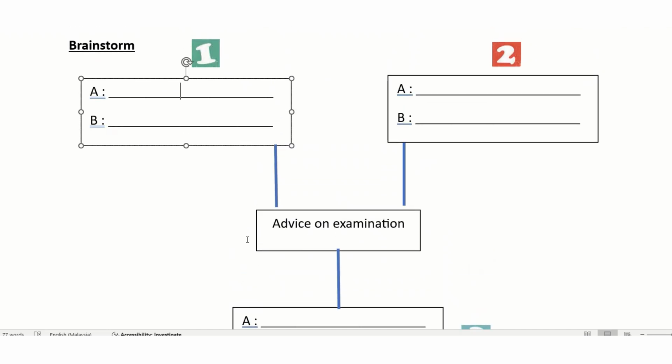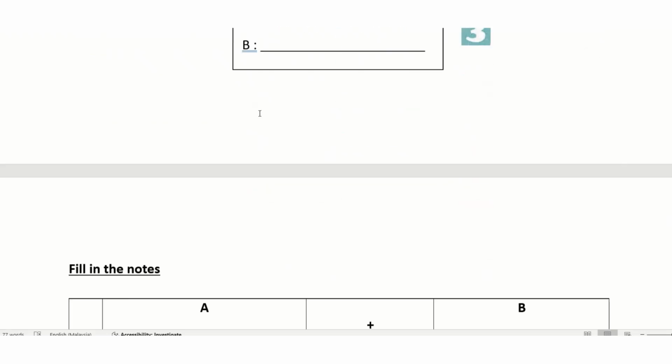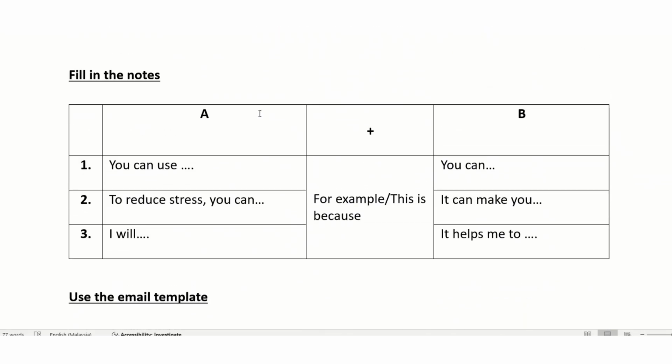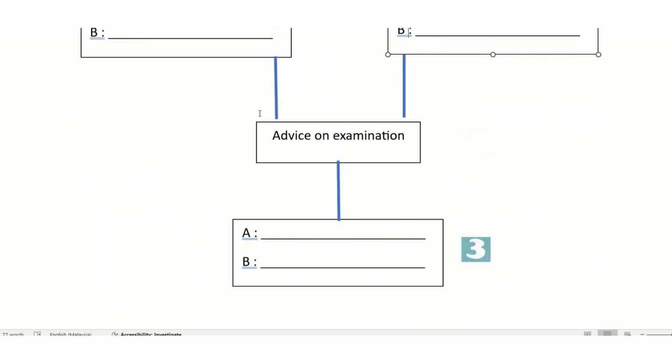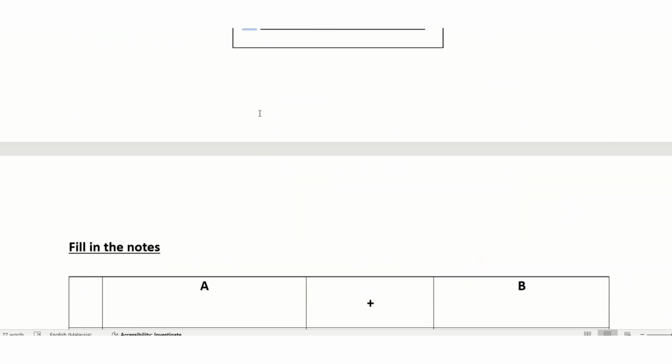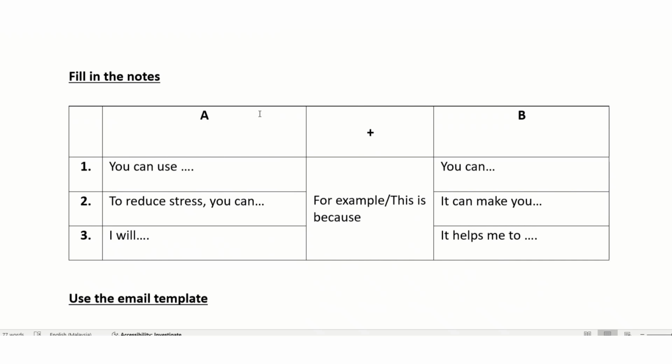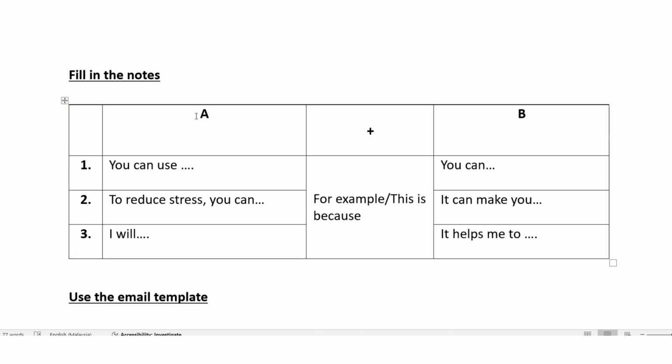All right, so why is this sort of labeling important? Because there is a reason for it in the next step. The next step is they have to fill in the notes based on what they wrote in this diagram. They will transfer it into a correct table or columns.